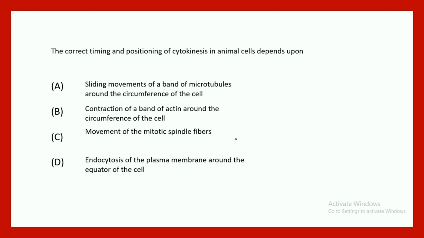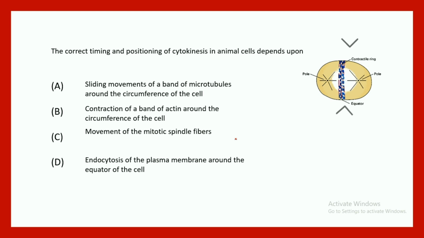Okay, the correct timing and positioning of cytokinesis in the animal cell depends upon: sliding movement of a band of microtubules around the circumference of the cell, contraction of the band of actin around the circumference of the cell, movement of mitotic spindle fibers, or endocytosis of the plasma membrane around the equator of the cell. Here is a cell which is about to go into cytokinesis.